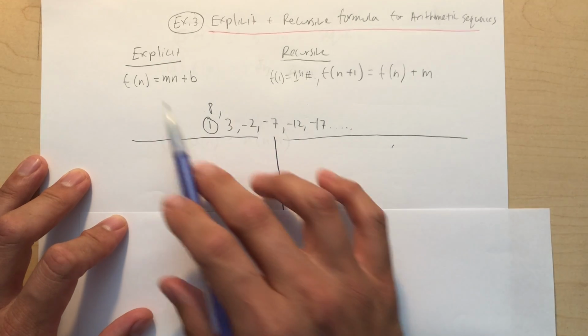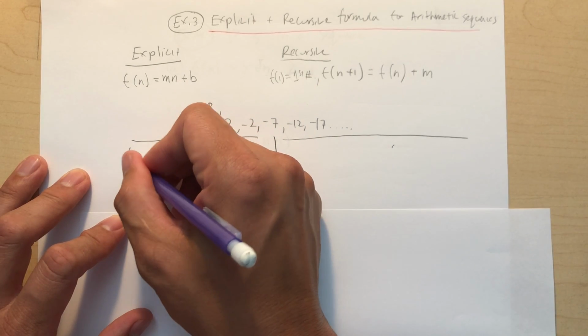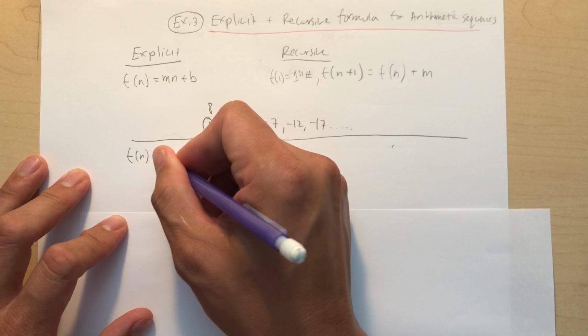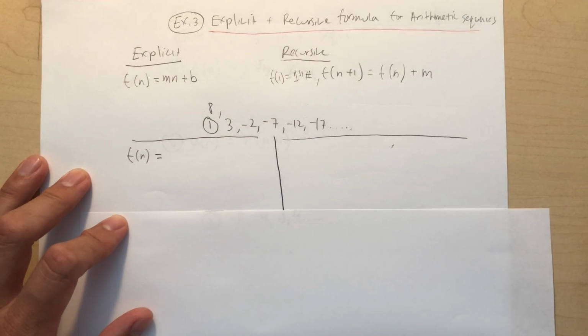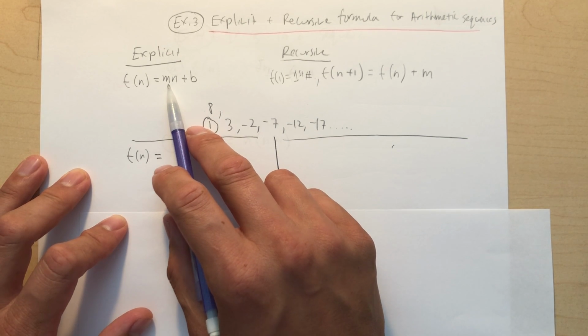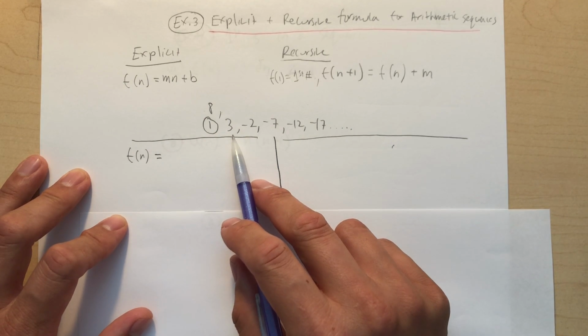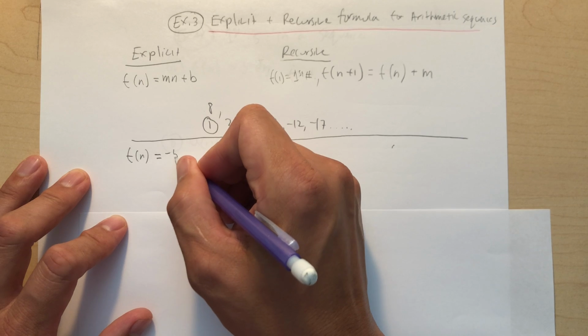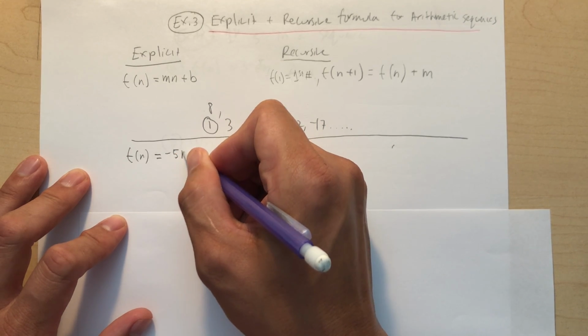Let's do this one again. We write T of n is equal to, and by the way, that's my T, not an F. I know it looks like an F, but anyway. This one here is going to be my common difference, which is -5. You multiply that by n.